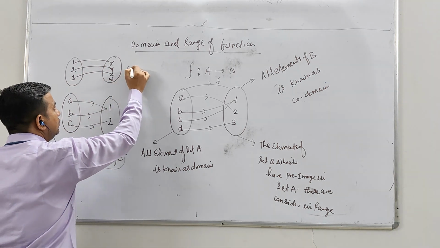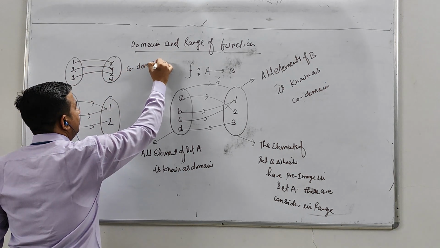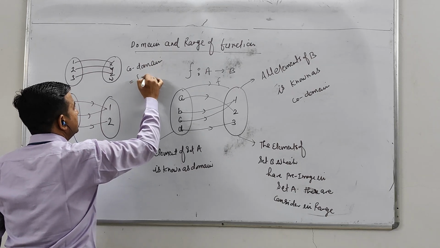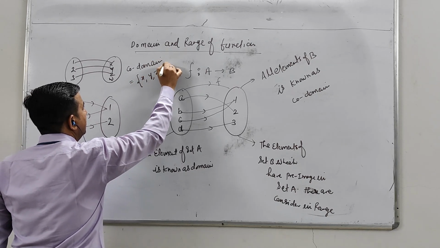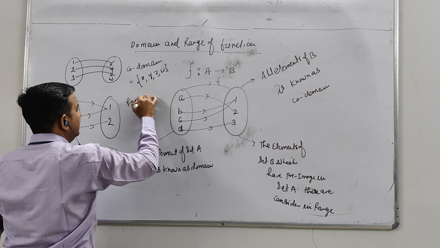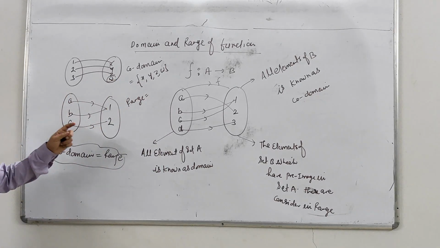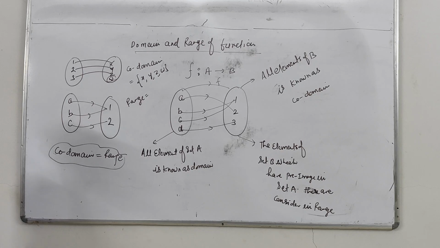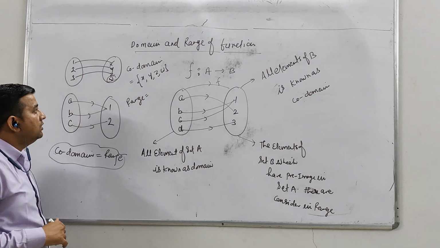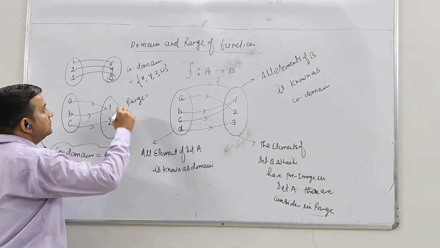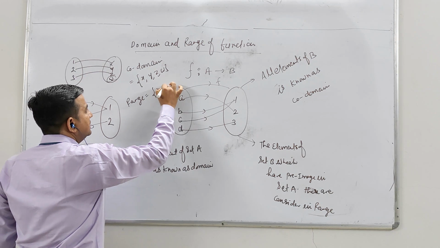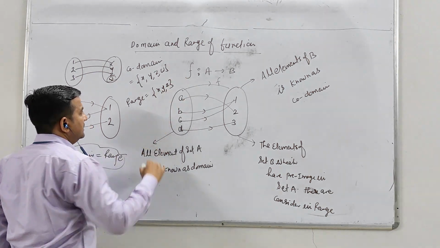So here the codomain is considered as x, y, z and w, and the range excludes the element w. The element w does not have a pre-image in the set A, so it will not be considered in the range. So range is x, y, z.